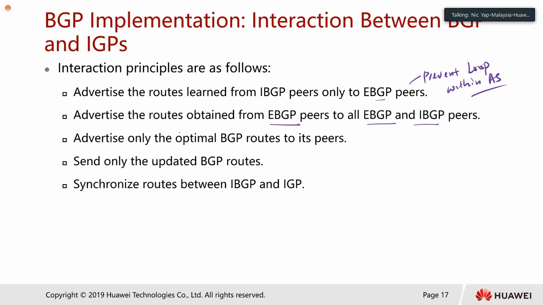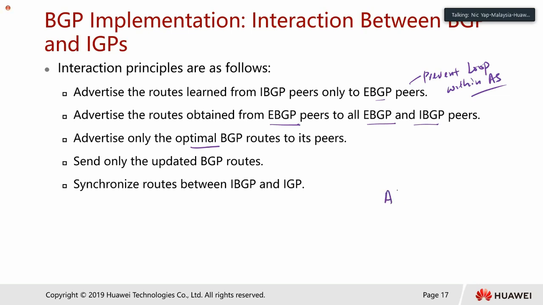In BGP advertisement, they only send the optimal BGP route to peers. Let's say I receive multiple routes going to the same destination, I only share one optimal route with my peers.